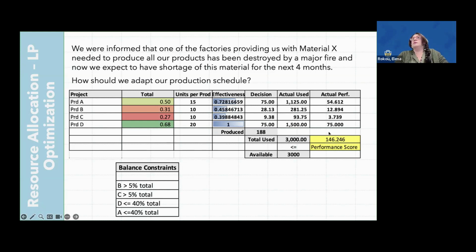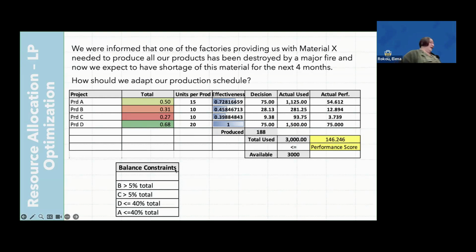And we have the actual performance score, that is units produced times the value that they bring. And the total used needs to be less than or equal to the available. That's the budgeting part of it.